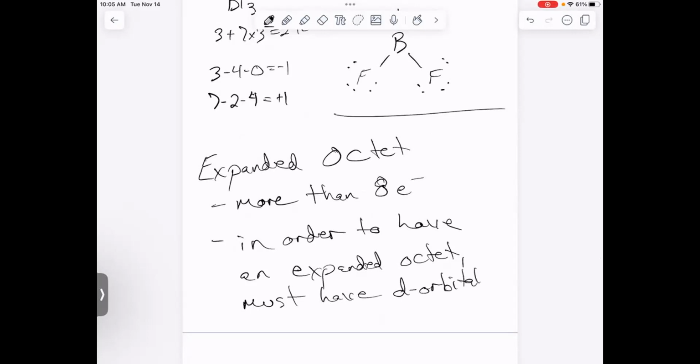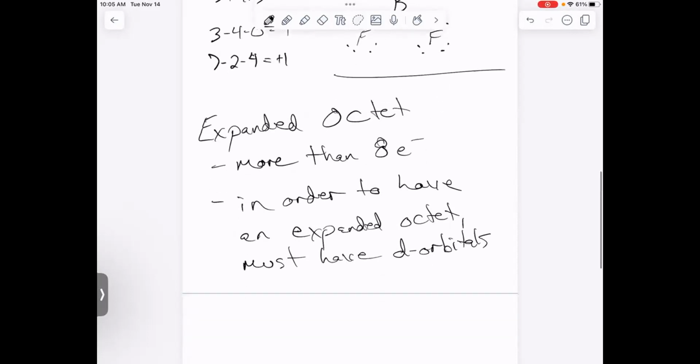But when do elements start having access to d orbitals? This goes back to quantum numbers. If we think of d orbitals, that's an L value of 2. That means that the n value has to be 3 or bigger. In terms of the periodic table, that basically just means if n is 3, we need to be in the third row of the periodic table or lower.